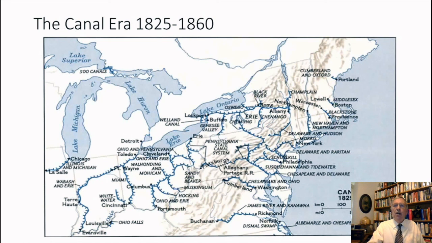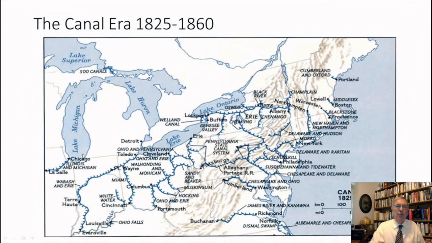But the point of this map is it wasn't just the Erie Canal, which is shown here. Many New England cities wanted canals. In Pennsylvania, we had the Chesapeake and Ohio Canal, and actually George Washington was involved in investing in and planning and designing and so forth. And Ohio was kind of crisscrossed with canals connecting the Ohio River with Lake Erie.